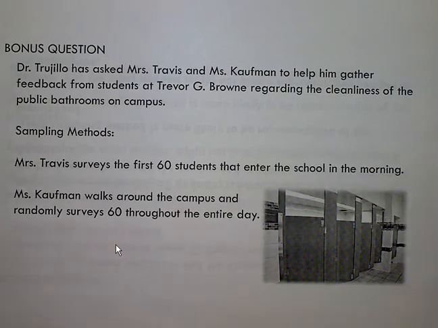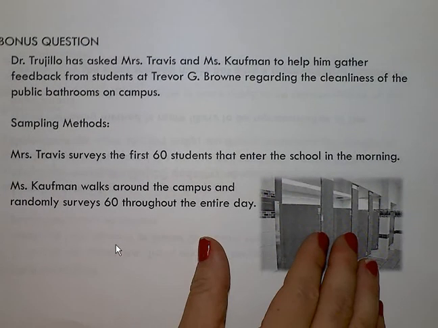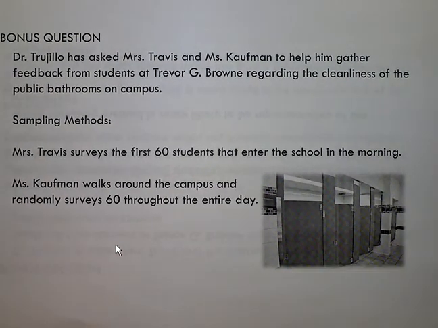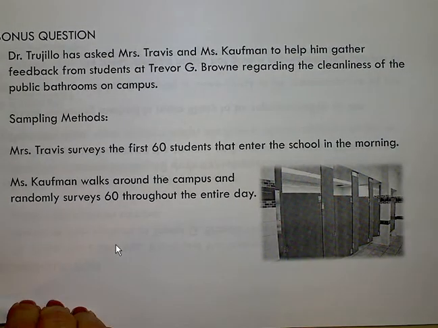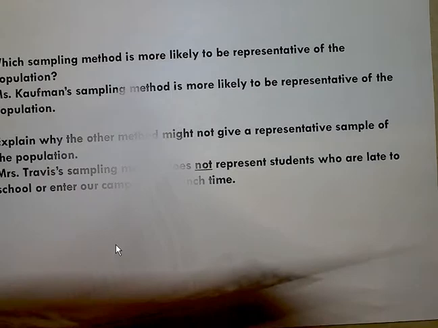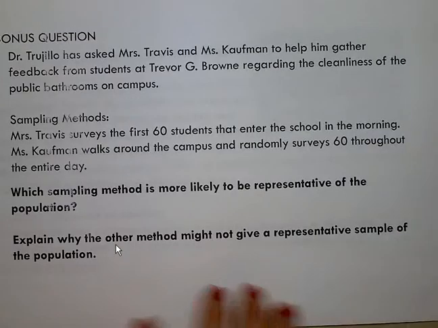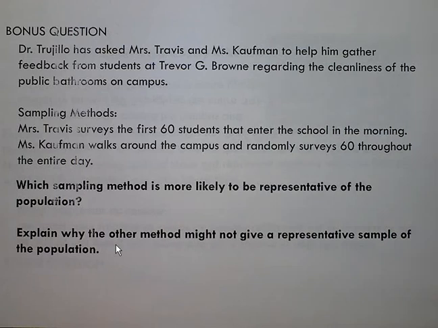Here is our last one. It's a bonus question. It's not too hard. One person per group, please read it. The question for you is which sampling method is more likely to be representative of the total population?